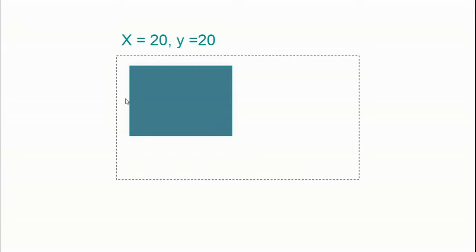Now let me show you how this moves. Here y is 20 pixels from the top and x is 20 pixels from the left, but what is basically moving? Is the entire div moving, or is some point moving, and according to that point the entire div is calculated?